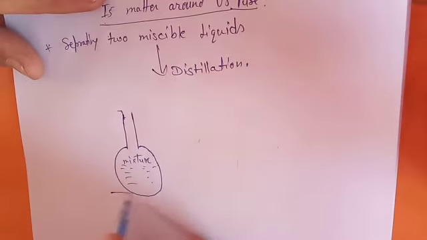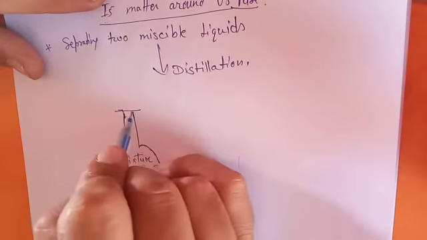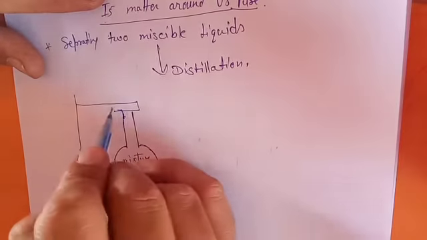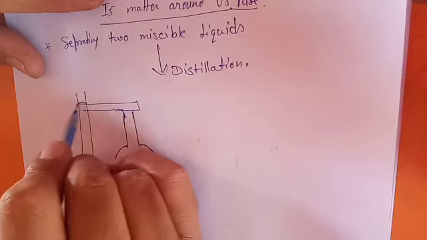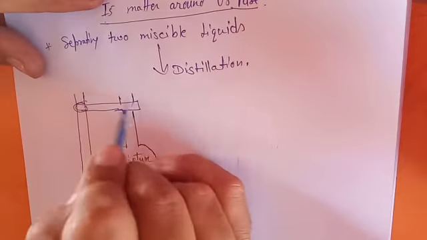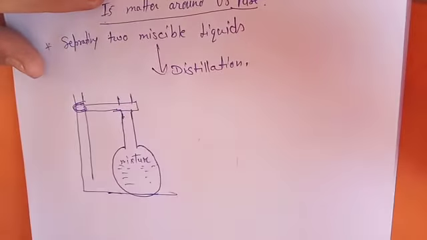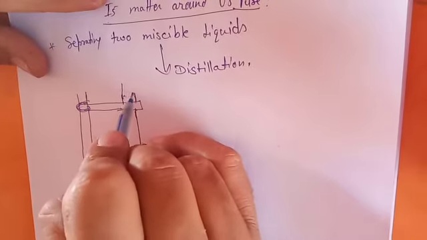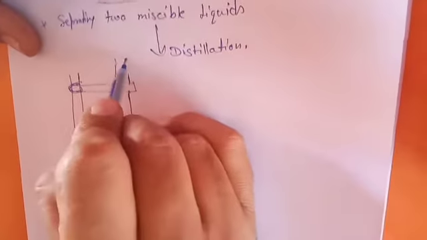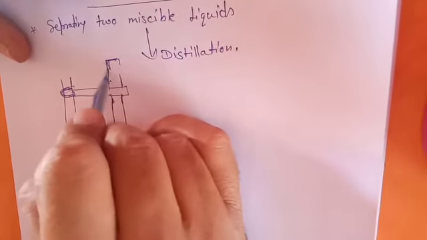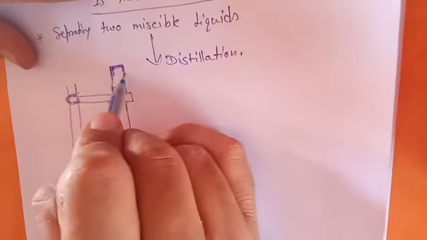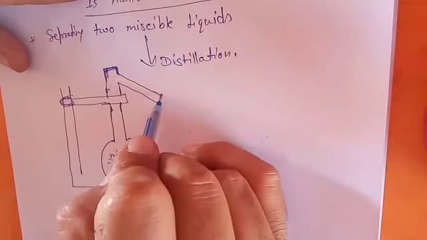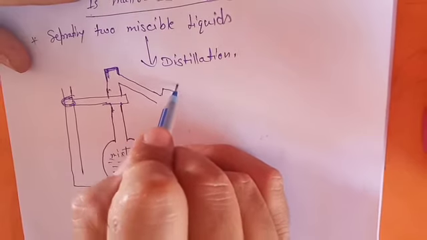Now we need a stand which can hold the distillation flask over here. So this is the stand which is holding the distillation flask. The distillation flask is closely mounted from the top, completely closed, and we pass that to what is termed a condenser.